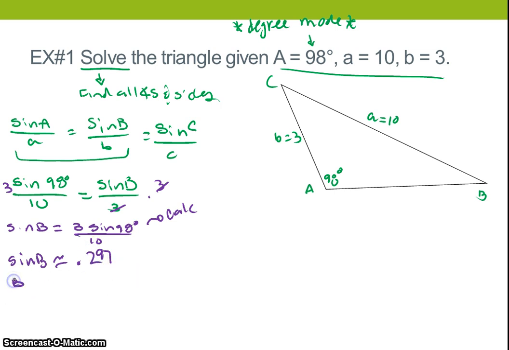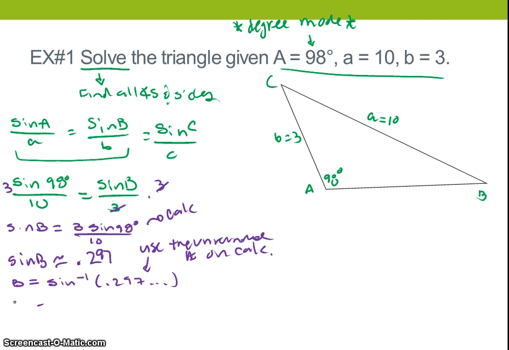To solve for B, this is the inverse sine of 0.297 and all that stuff that's in my calculator. I want to keep the number in the calculator, so I'm going to use the unrounded number here. And I'm going to round once and only once at the end.